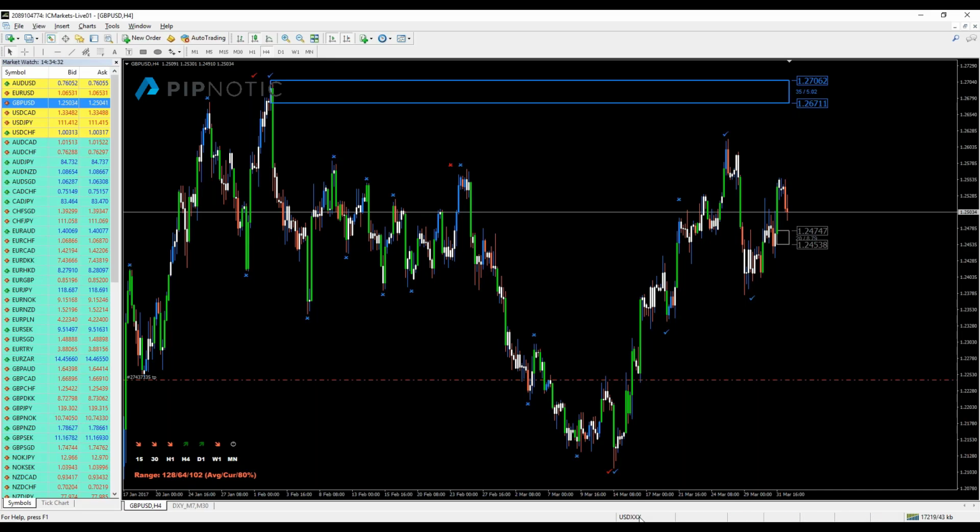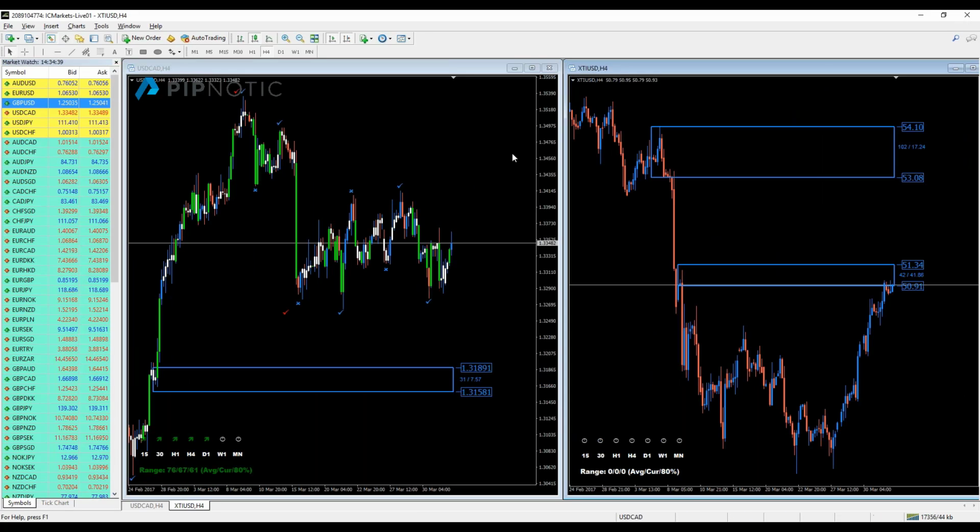Okay, there's another one that I want to look at here, which is pretty cool. And this is, if I can get this chart to switch on, yeah. So here we have the oil. And you can do the same thing with oil.